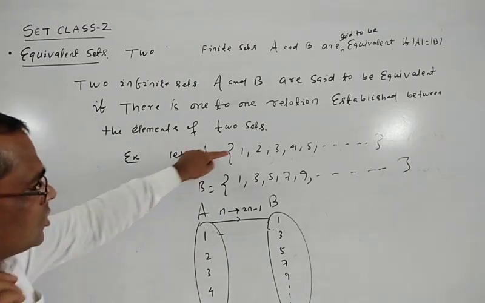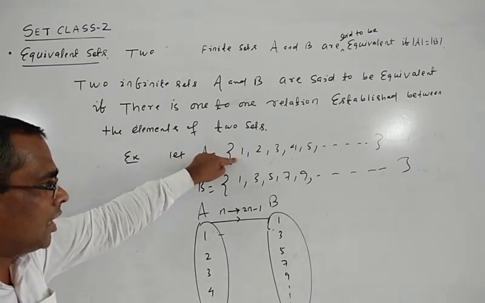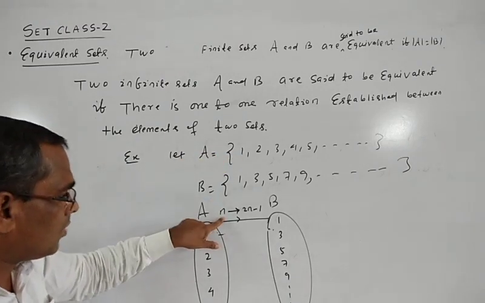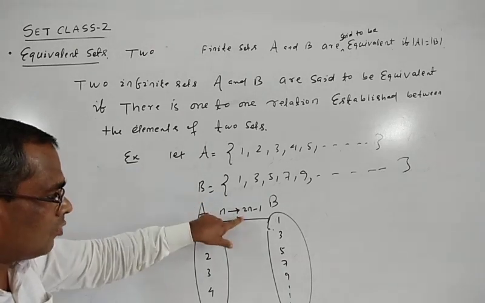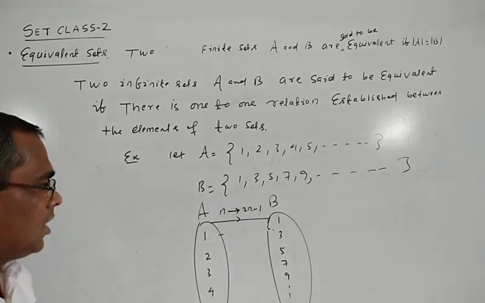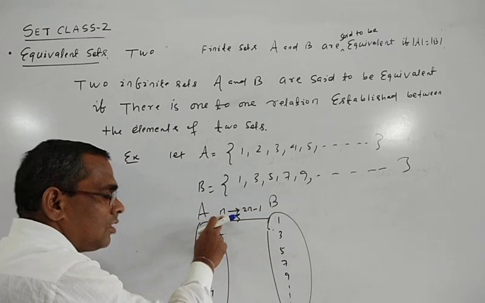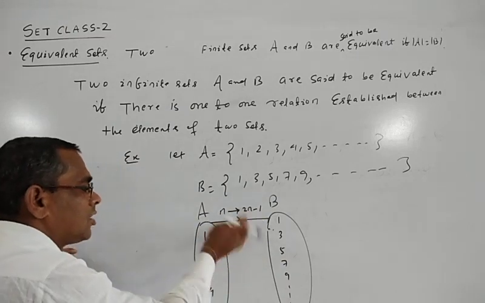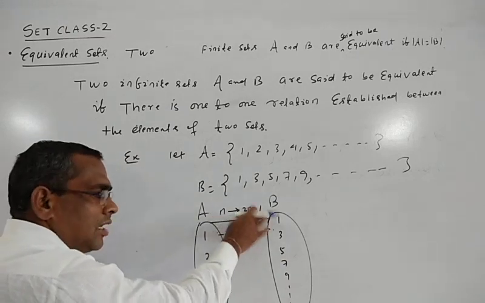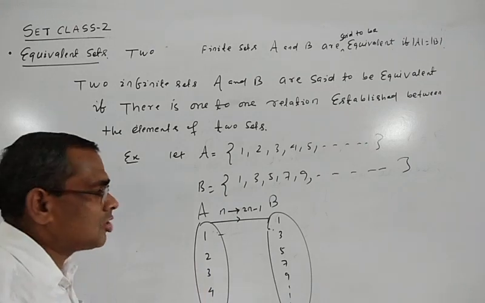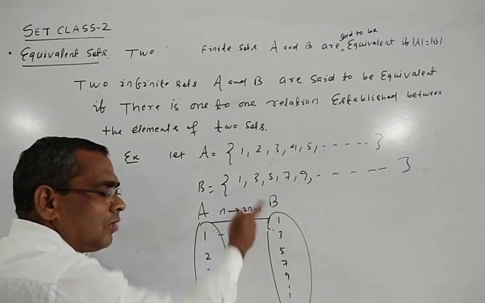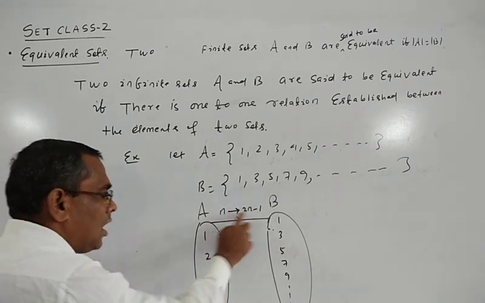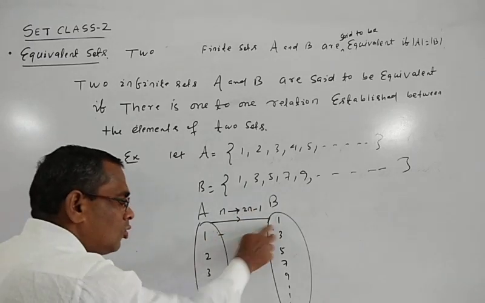If we put n is equal to 1, where n belongs to set A but 2n minus 1 belongs to set B, then 2 into 1 minus 1 is 1. So 1 goes to 1.